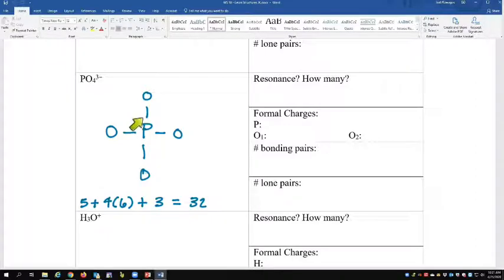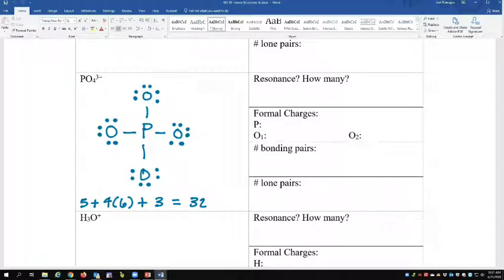So I already have 2, 4, 6, 8, 10, 12, 14, 16, 18, 20, 22, 24, 26, 28, 30, 32.